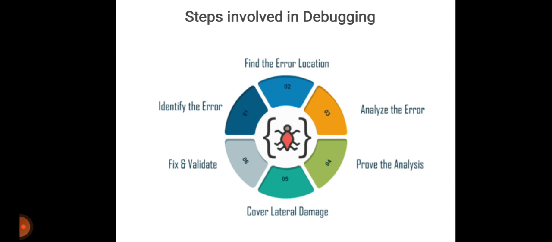Then the third one is logical error. In a logical error there is an incorrect translation of either the problem statement, or the algorithm is incorrect. So this logical error is a time consuming error. Suppose, for example, I am writing main, then open brace, int a = 2, b = 4 and c = 0.